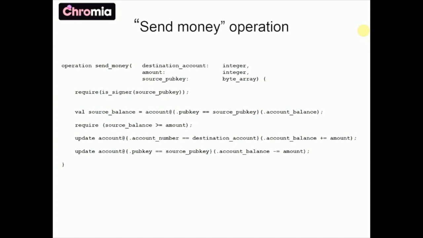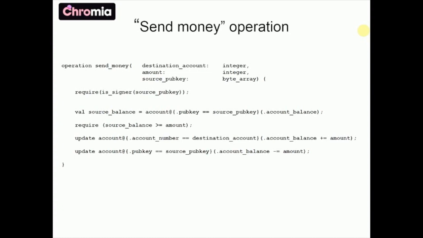And then we read how much money is in the account we are trying to send the money from. And you see here from the accounts table, you identify an account by the public key and get the account balance out.